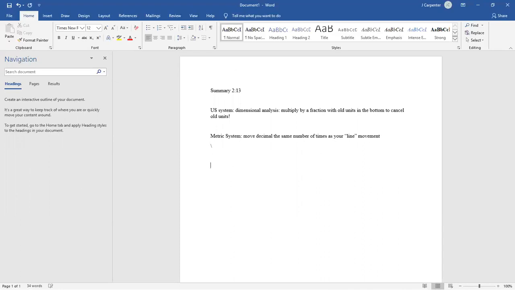In 2.14, which is converting between the two systems, you may need to do both of them. So generally you'll have a US system style problem, but you may also have a metric system style problem as well.